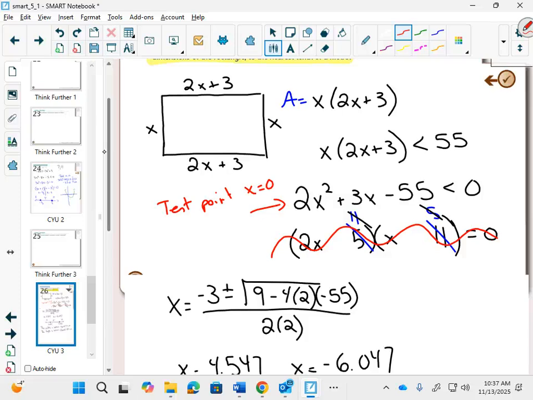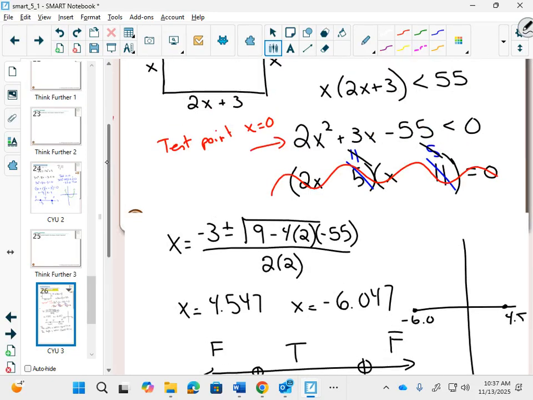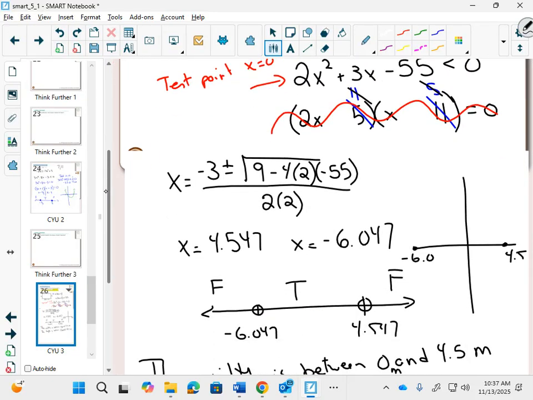If I solved this graphically, when you find your solutions on the graph, you are finding your x-intercepts. The parabola that I was looking at was a 2x squared, which opens up. I'm looking for where it is less than 0. This will be the place where it's true.